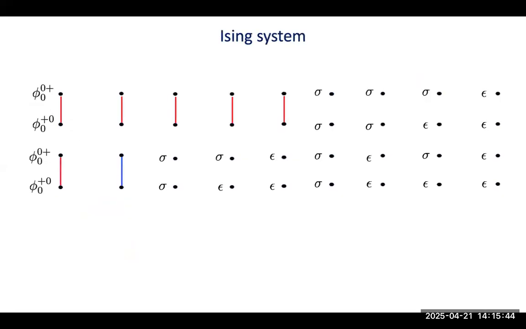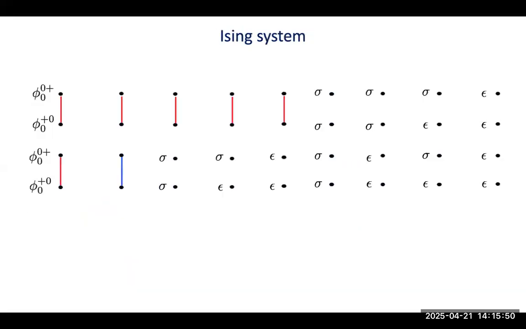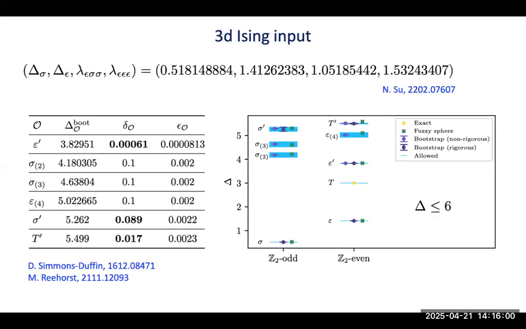Okay, so again, we're going to study this system of correlators, and because it's an inside the bulk 3D Ising model, we know a lot about the 3D Ising model, right? We know the spectrum quite well. So first of all, we know, like I said, the dimensions of sigma and epsilon to very high accuracy, and I'm just going to hardwire them in, and I'm also going to hardwire the OPE coefficients in.